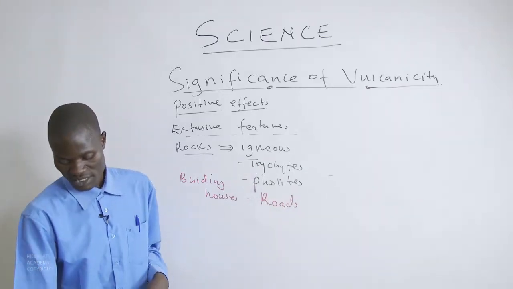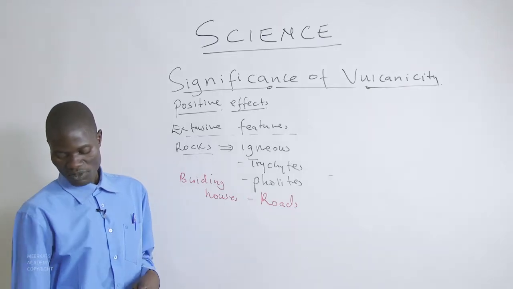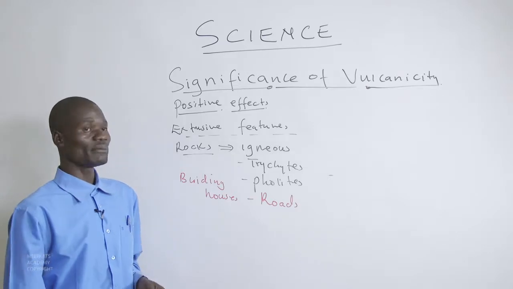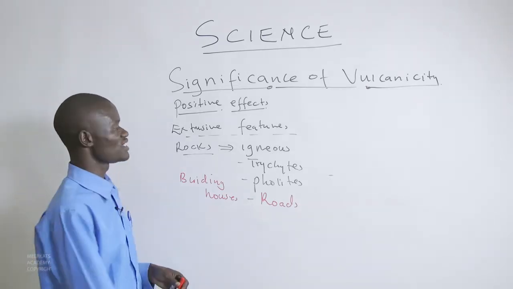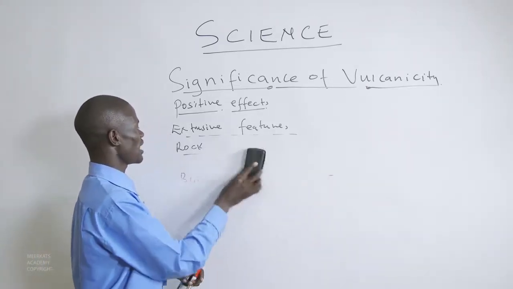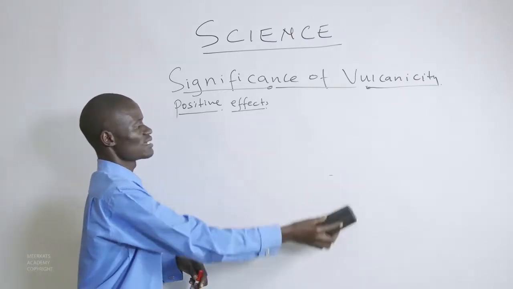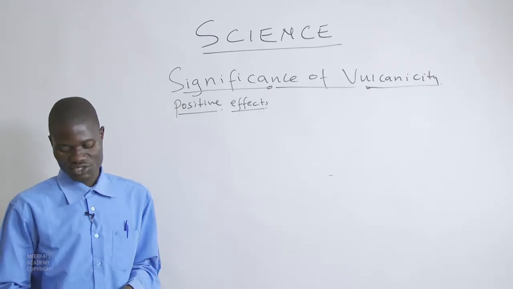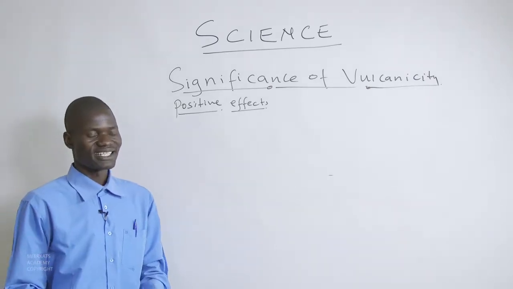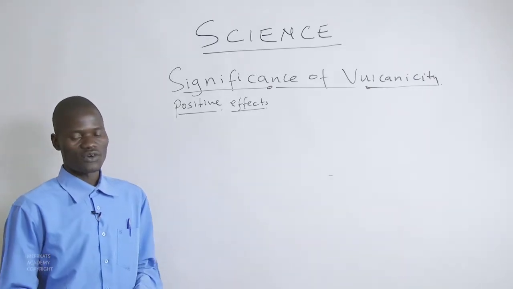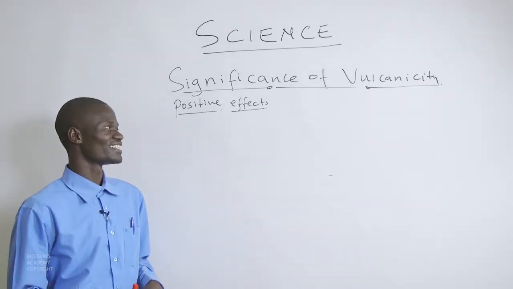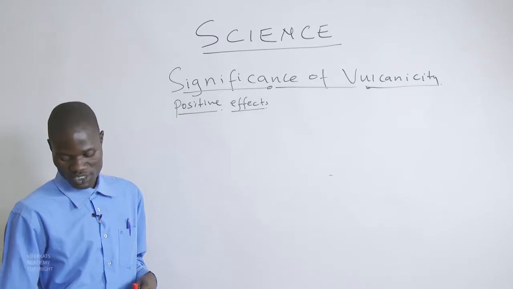They are extracted for the purpose of the building and construction industry. Some of the rocks are made into ballasts, and ballasts are useful material such as granite, which is crushed into ballasts. They are used for construction purposes, and as a result, that becomes a positive.